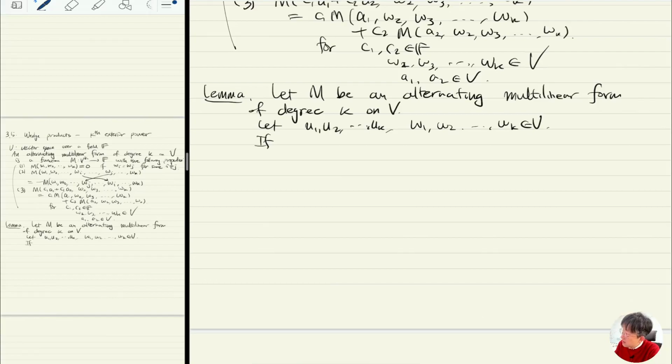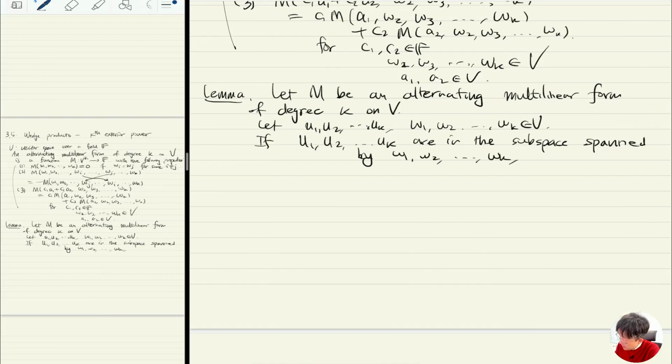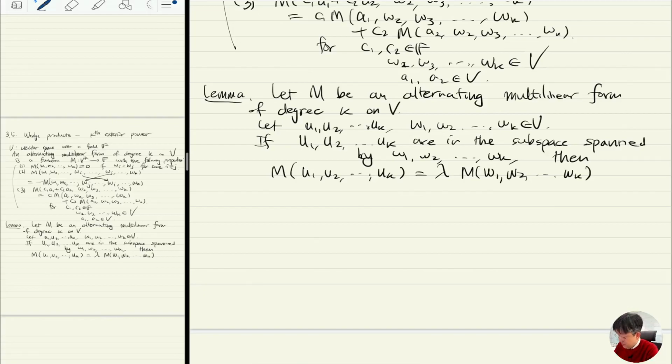If u1, u2, ..., uk are all in the subspace spanned by w1, w2, ..., wk, then the value of this multilinear form is a constant multiple of M of w1, w2, ..., wk, for some lambda in the field.